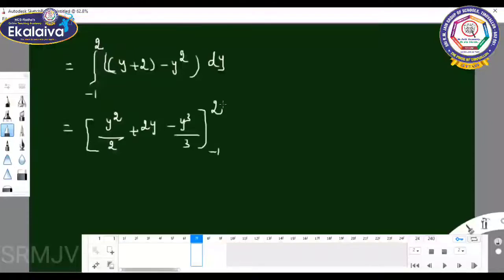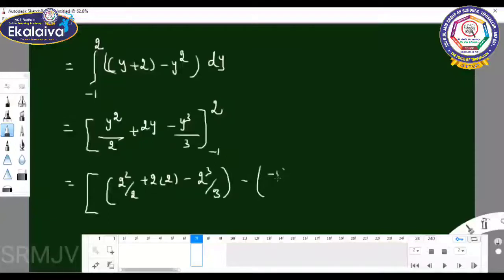So you can substitute as upper limit minus lower limit. What is the upper limit? Upper limit is 2 square by 2 plus 2 into 2 minus 2 cube by 3, minus the lower limit. The lower limit is minus 1 the whole square by 2 plus 2 into minus 1 minus of minus 1 the whole cube by 3.